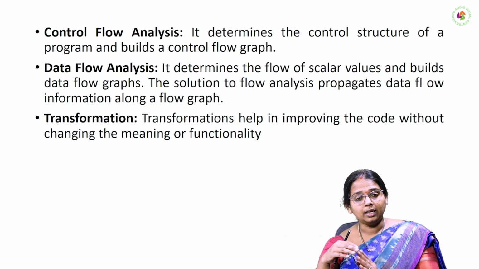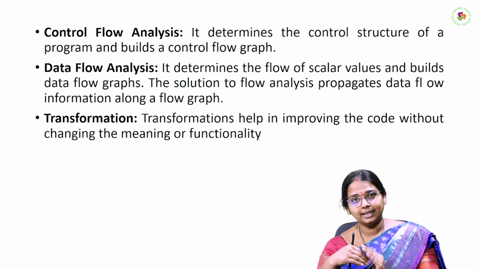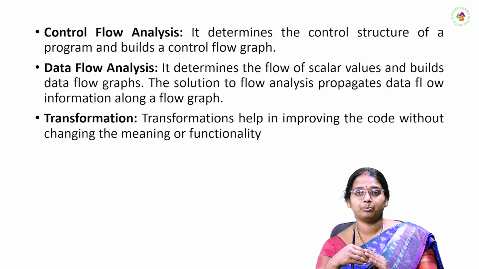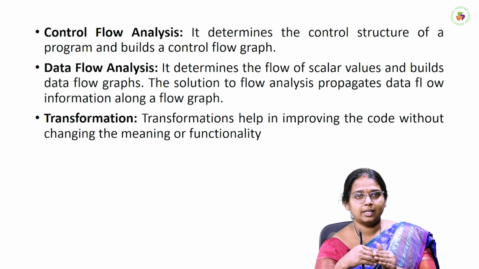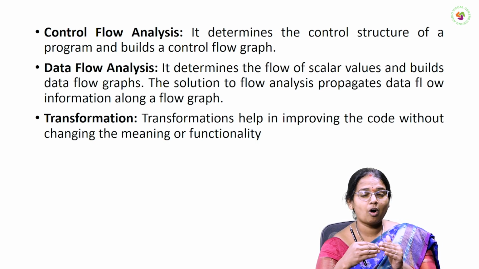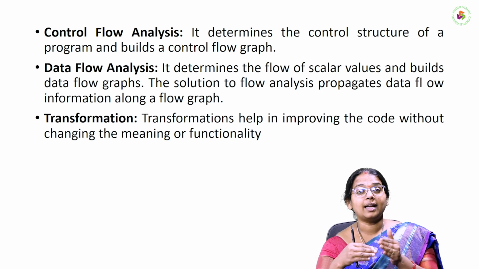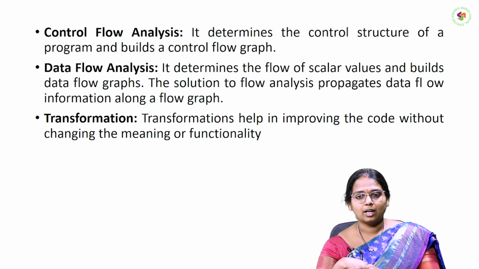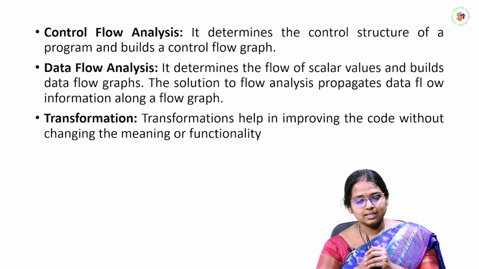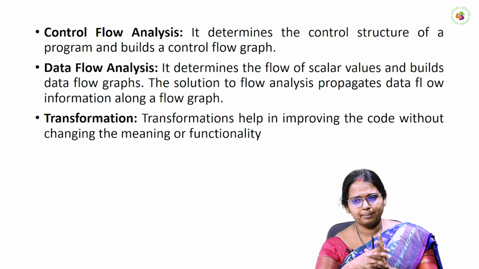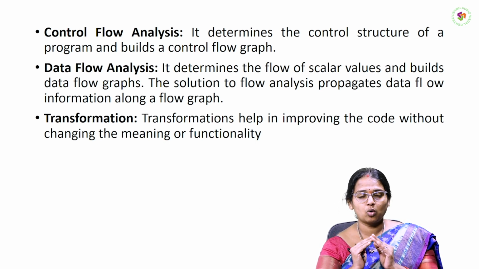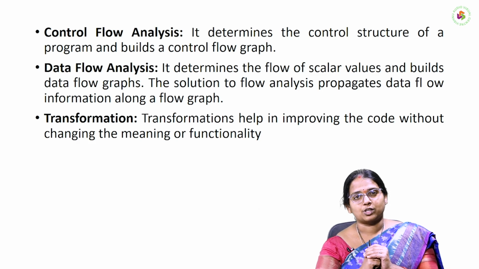Data flow means how data is transferred from one block to another, whether the data is live or dead. That analysis is known as data flow analysis. For control flow analysis, a flow graph is built based on the control structure. Transformations help improve the code without changing its actual meaning.